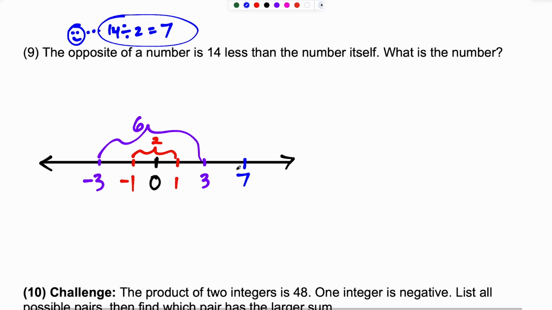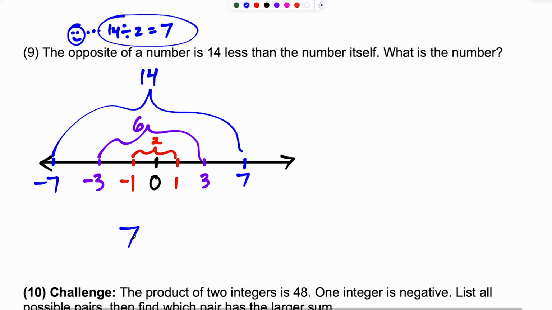And then we think the opposite of the number 7 is the number -7. And then how far away are these two numbers? These two numbers here are 14 units away from each other. I have to go +7 to get to 0 from -7, and then plus another 7 to get to +7. So now we run this through. The opposite of a number is 14 less than the number itself.